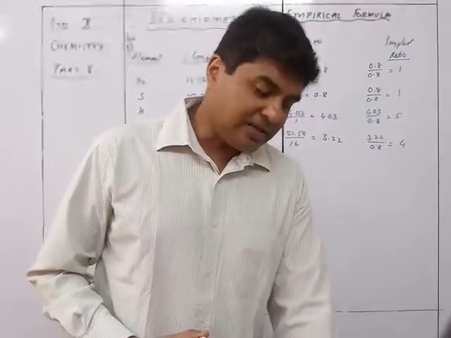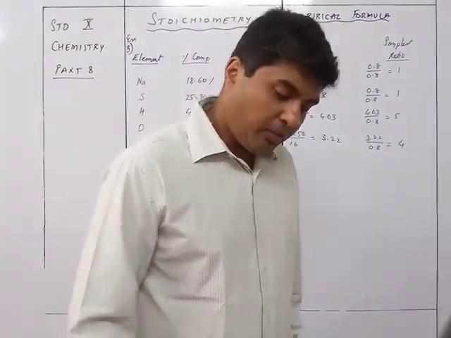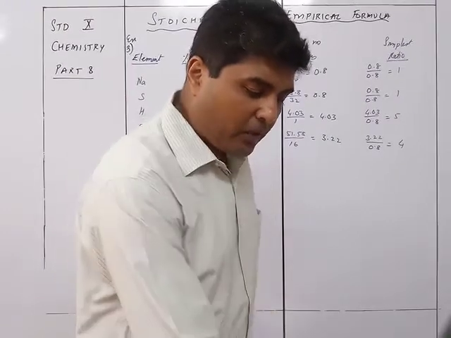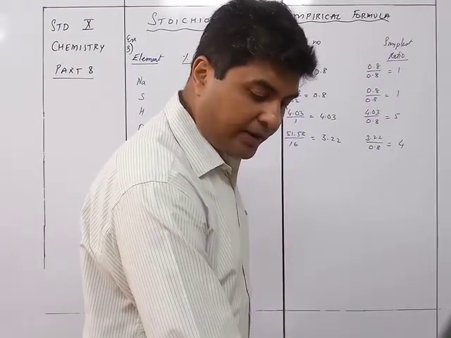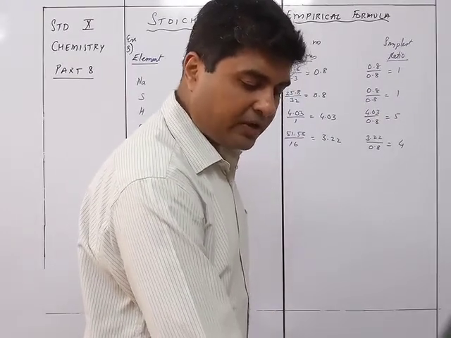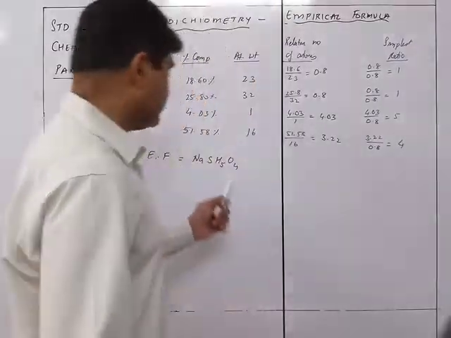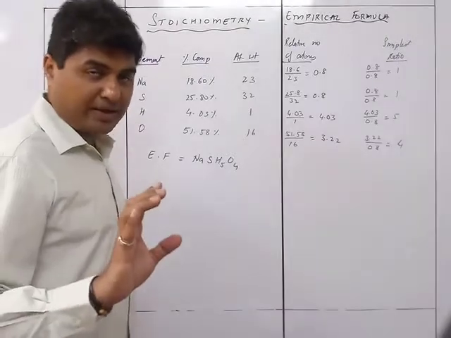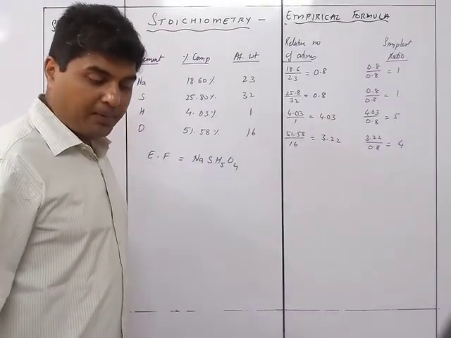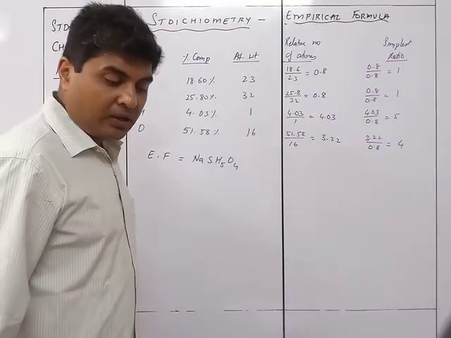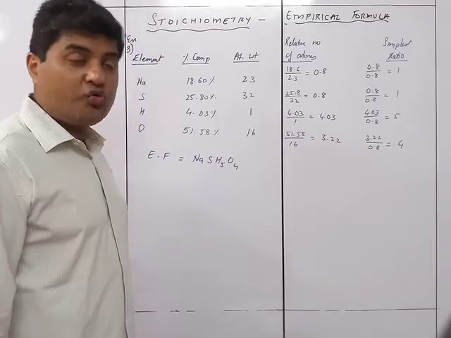Okay, now this is the empirical formula. They have asked us to calculate the molecular formula of the crystalline salt, assuming all the hydrogen in the compound is in combination with oxygen as water. So all the hydrogen has gone into water formation. They have given us that the molecular weight of the compound is 248.